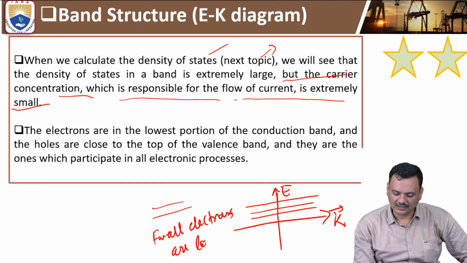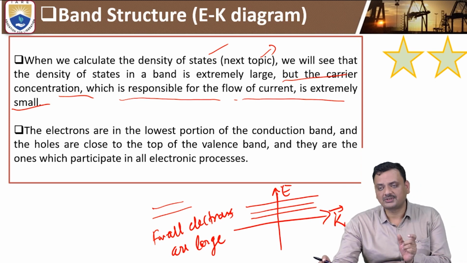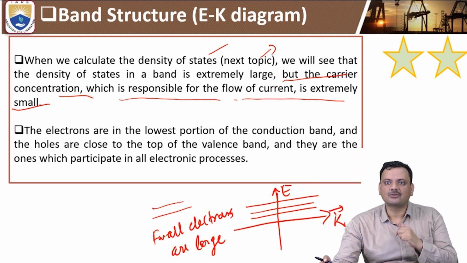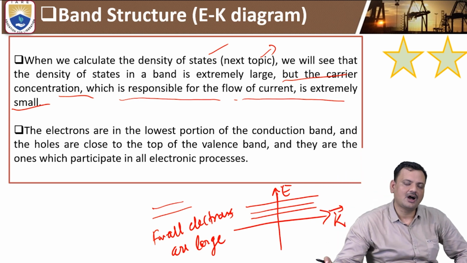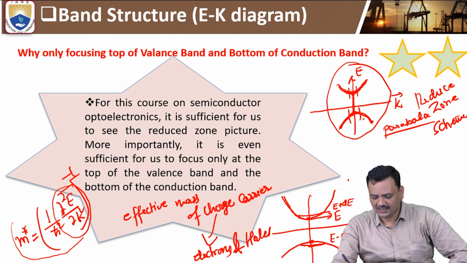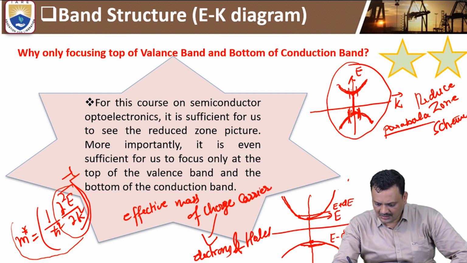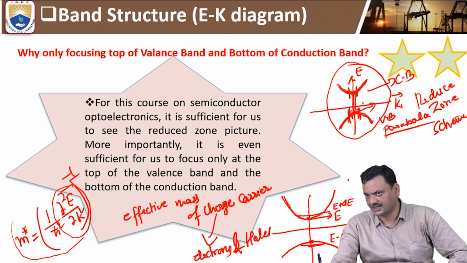So the electrons are in the lowest portion of the conduction band and the holes are close to the top of the valence band, and they are the ones which participate in all optoelectronic processes. Whatever electrons are available here, this is your valence band, this is your conduction band, they will shift to the conduction band, then the corresponding hole will be generated.